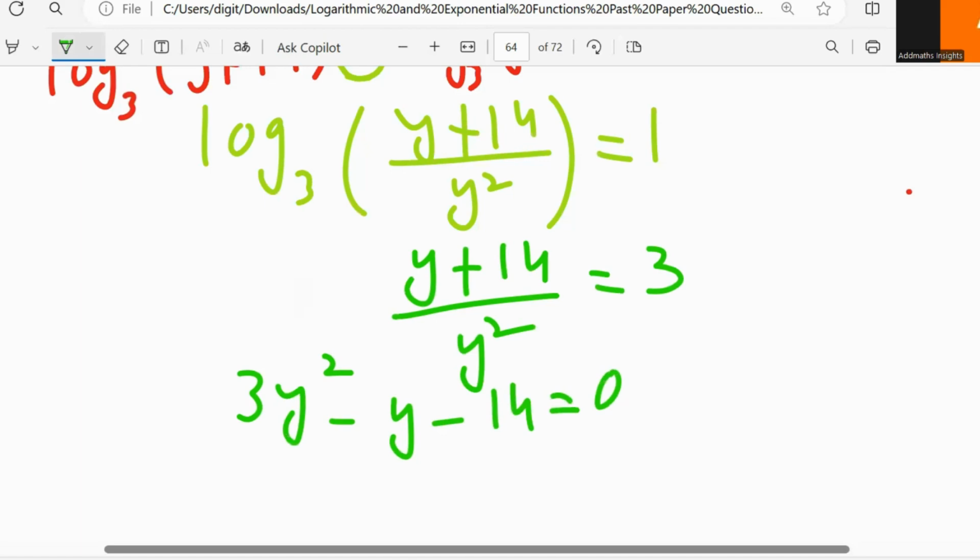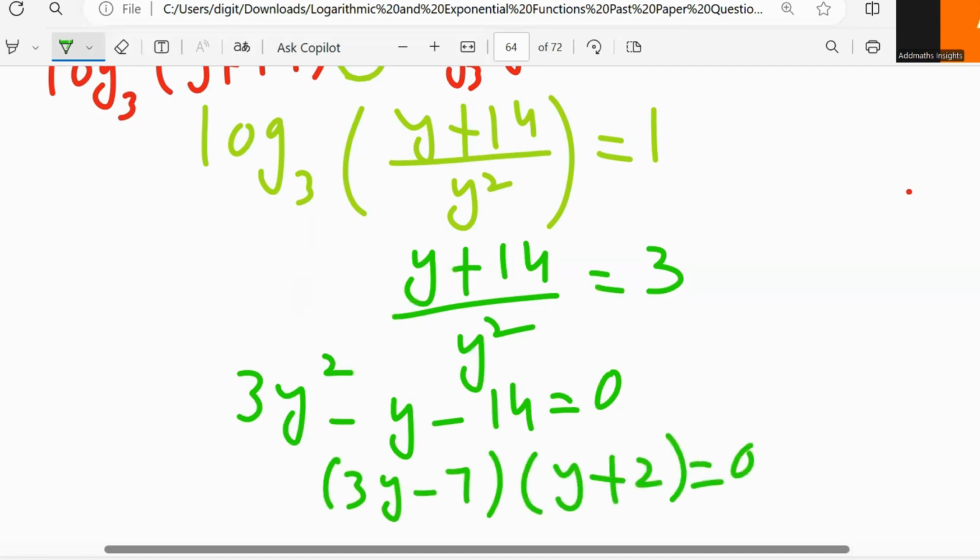So now once you get a quadratic equation, then you can apply factorization. So factors will be 7 and 6. So you can write 3y minus 7 into y plus 2 is 0.